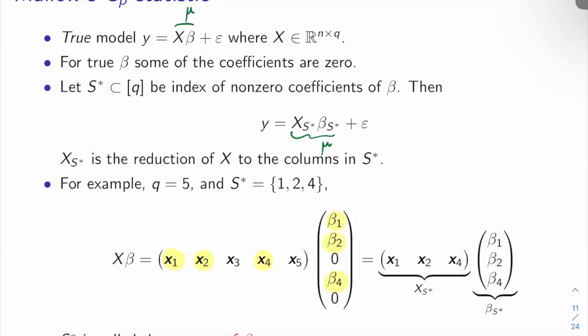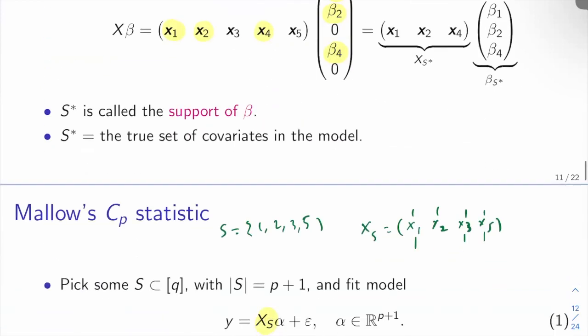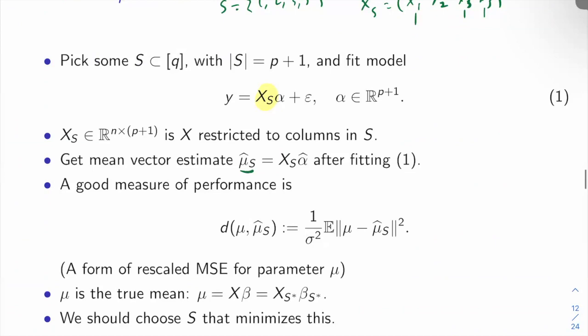So I have a true mean vector and an estimated mean vector, and then I would look at the expectation of the norm of mu minus mu hat squared, divided by sigma squared. This is a good measure because it measures how well I predict.